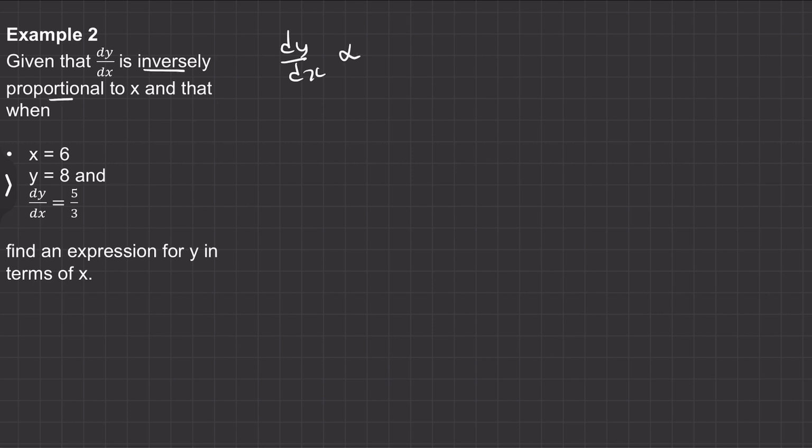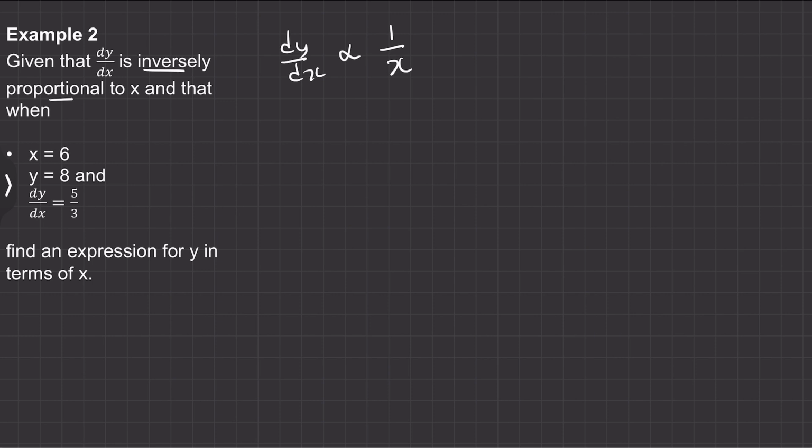Now what this means is that as x increases, dy by dx will decrease, and as x gets bigger, dy by dx will get smaller. So we write this as 1 over x. So this is our model for inverse or indirect proportion.